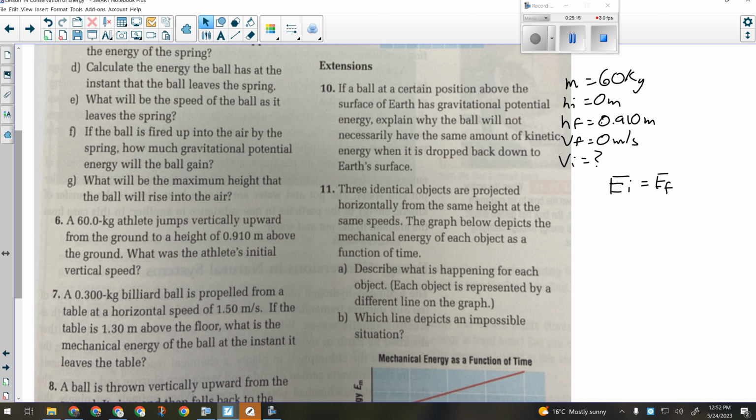I get that from the context of the question, that this is a conservation of energy question. I know it's conservation of energy because I wasn't given any forces or any distances, and there was no mention of work. Since mechanical initial equals mechanical final, I want to put in the formulas for mechanical energy.